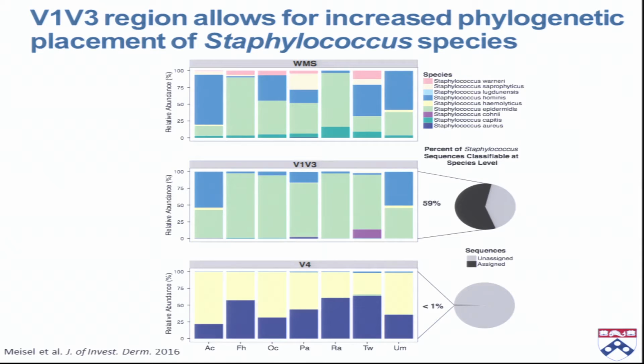But with the V4 region, less than 1% of those staph sequences were speciated, and for the most part, they were incorrectly speciated in that Staph aureus came up as being one of the more dominant types in that less than 1%.